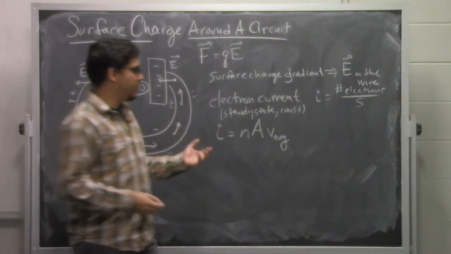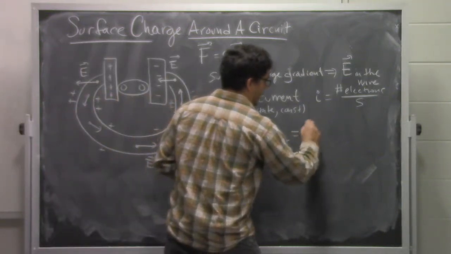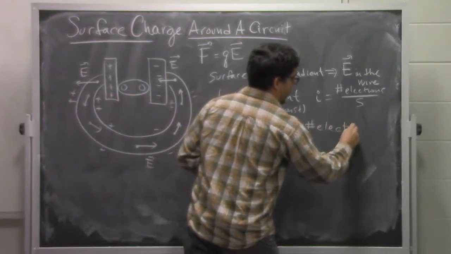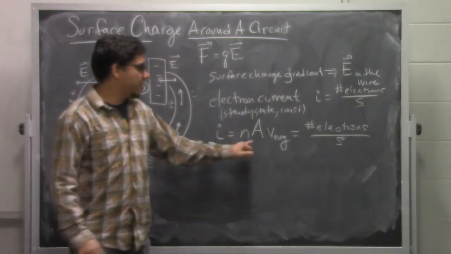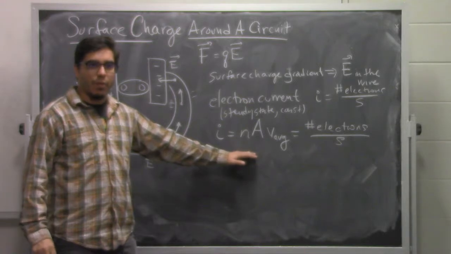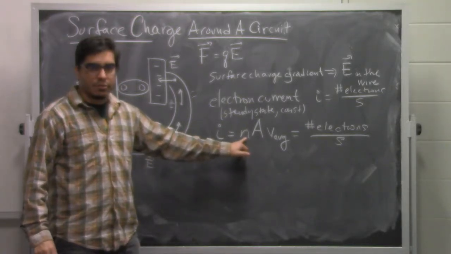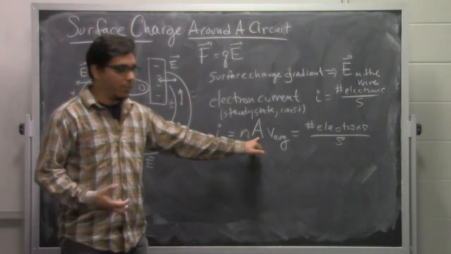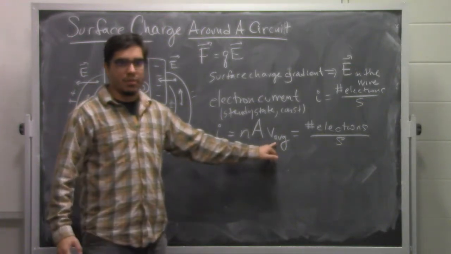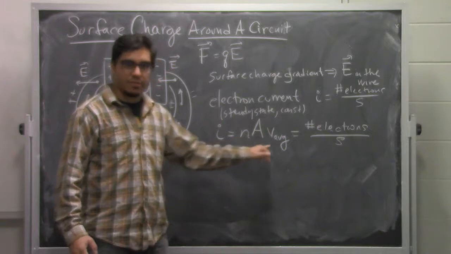So in fact, this is still going to give us the number of electrons passing a point per unit second. But this relates it to properties of the wire, namely how many electrons are available to actually move around, what is the size of the wire itself, and how fast are they moving around specifically. And we'll dig into this in a little bit.